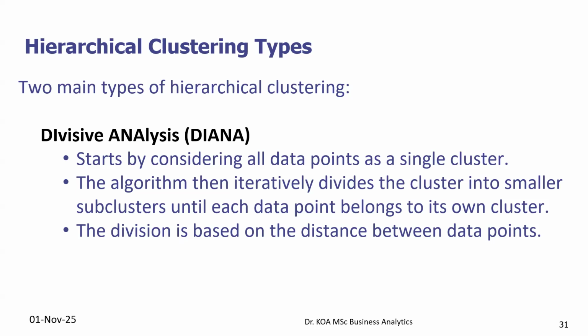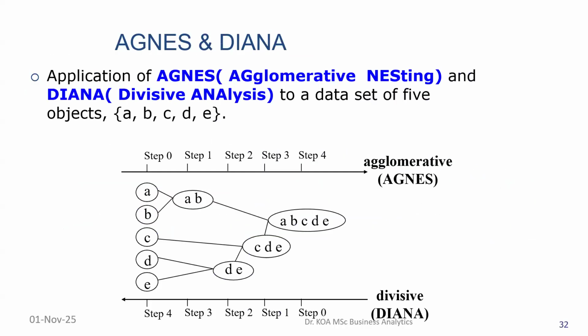Then it will step by step divide the clusters into smaller subclusters, whereas the agglomerative starts with smaller subclusters and then builds them up. This one will keep breaking them until each data point belongs to its own cluster. That's why it's called divisive. The other one is agglomerative. It's like adding. The division is based on the distance between the data points. Let's take Agnes and Diana together, and let's look at an example.